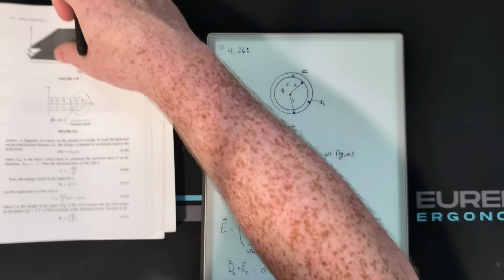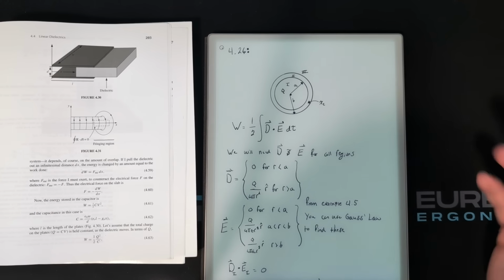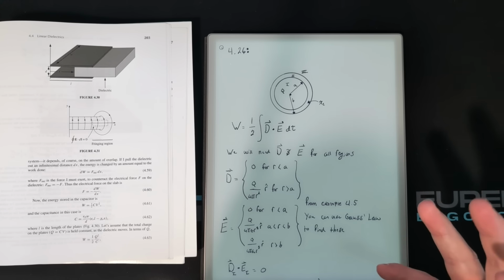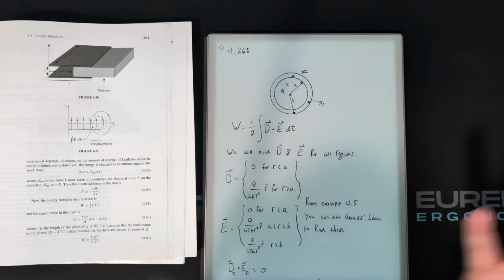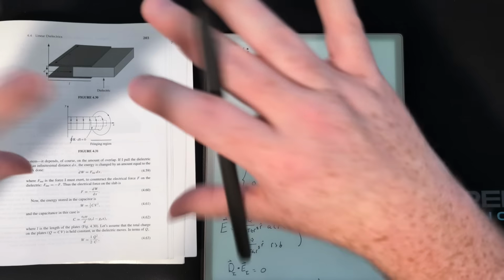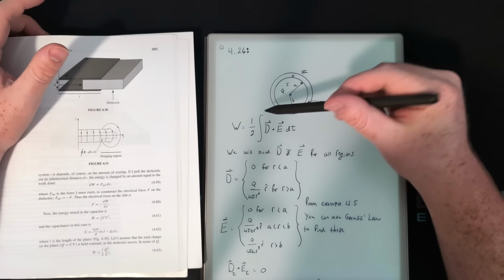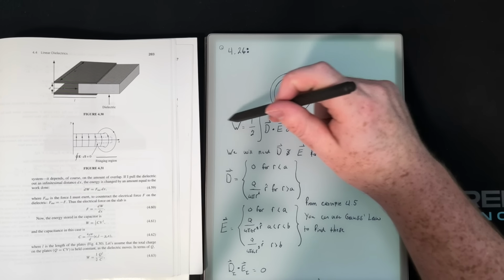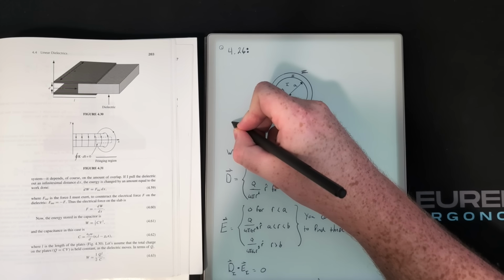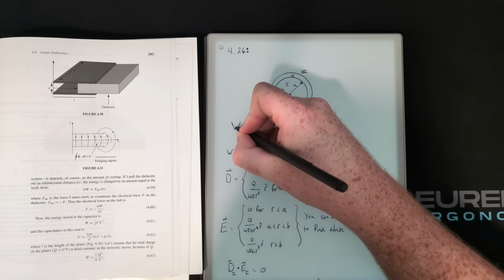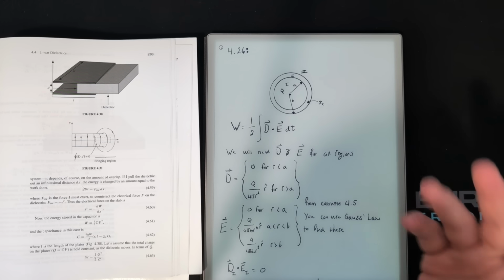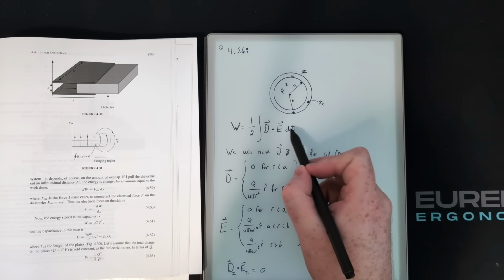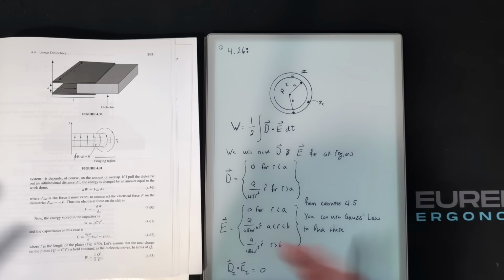Essentially, what is the electrostatic energy it takes to assemble the free charge, like assemble this conducting sphere with the free charge Q on it, surrounded by this dielectric material. In the previous section, we derived this equation, which is the work done to assemble the free charge.